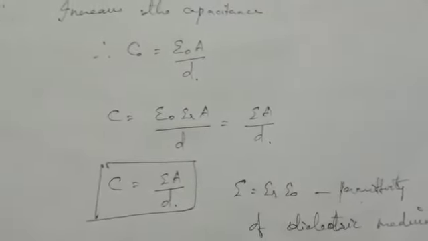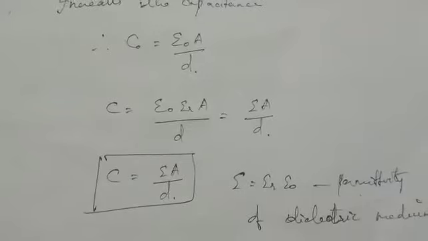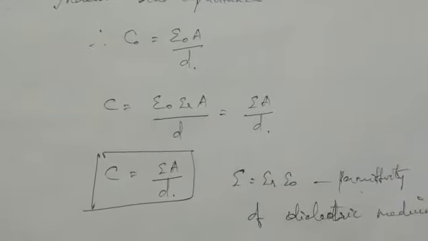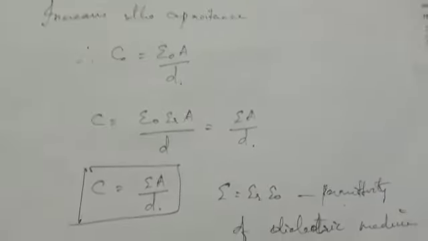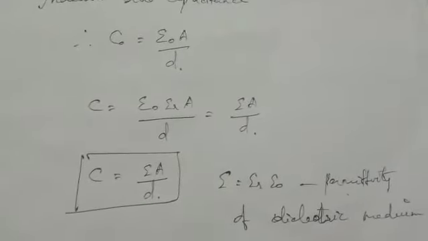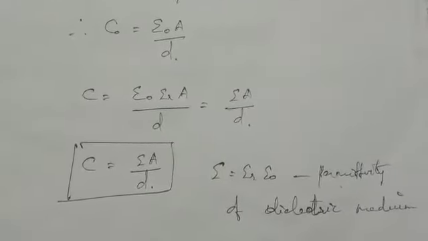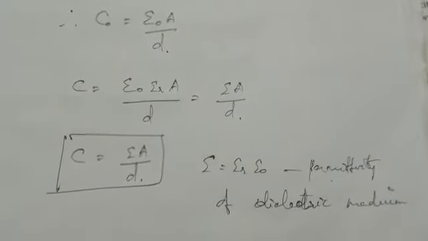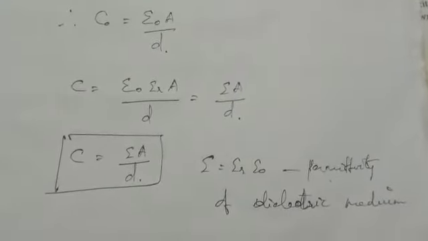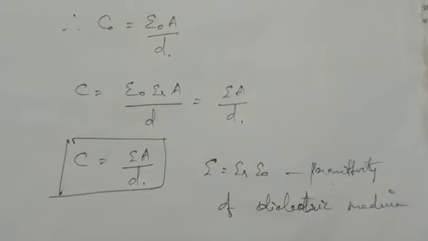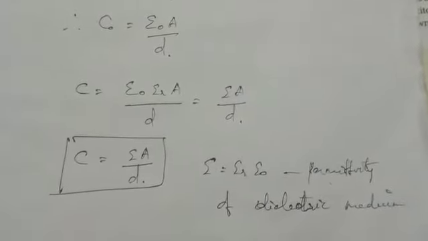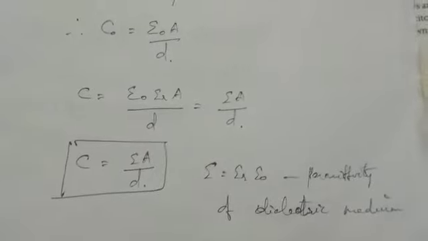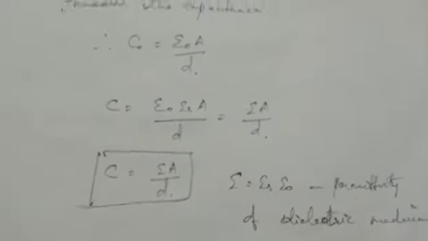Epsilon R is the relative permittivity, epsilon naught is the permittivity in free space, and they are related by epsilon equals epsilon R times epsilon naught. So C equals epsilon A divided by d. That is the capacitance value.